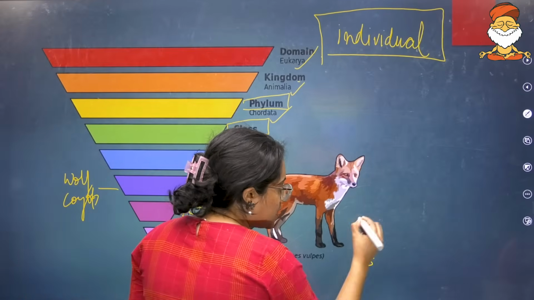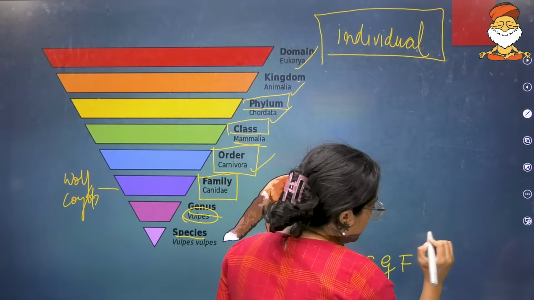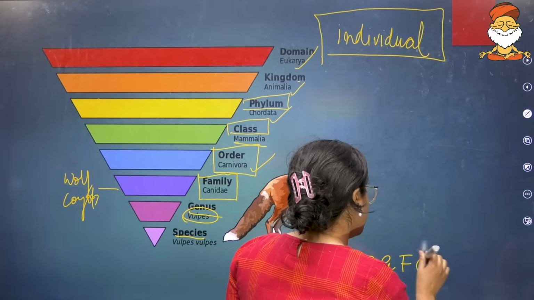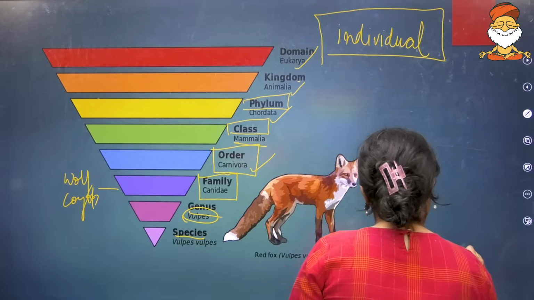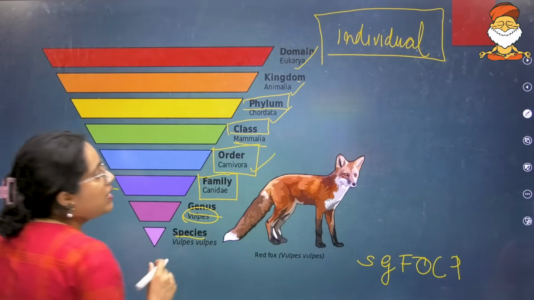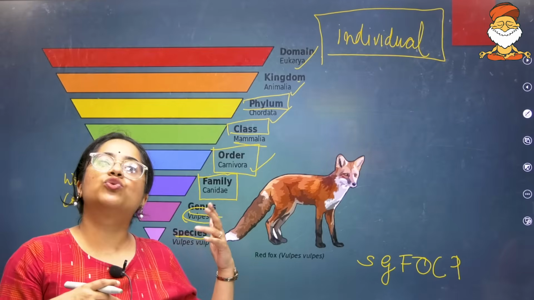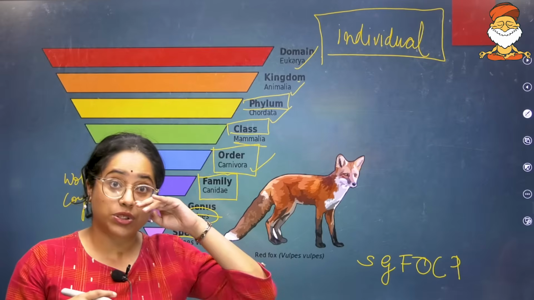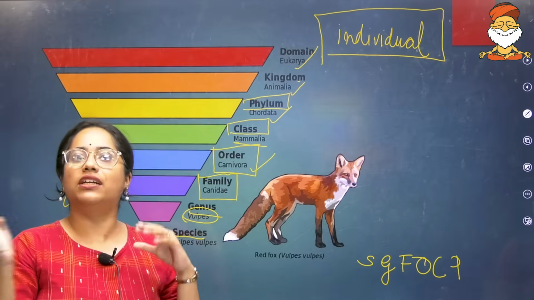So, species is the smallest, genus is bigger, then you have family, you have order, then you have class, and then you have phylum. Now, the reason I am telling you this, look at it, by the time you've reached the concept of family, you have different organisms that are forming part of it.